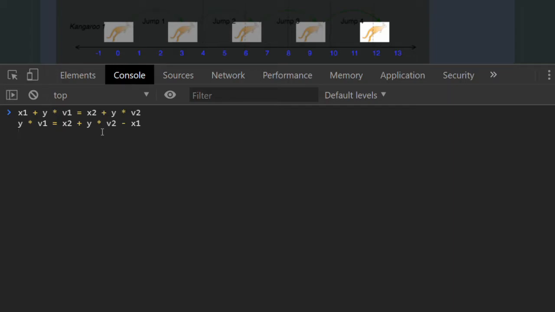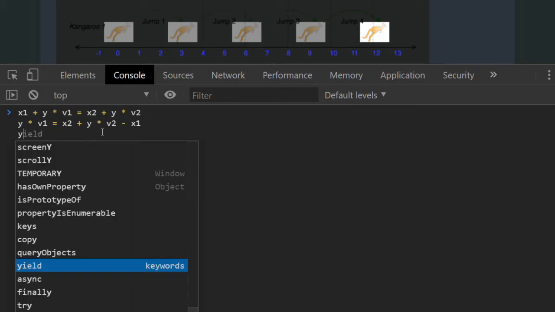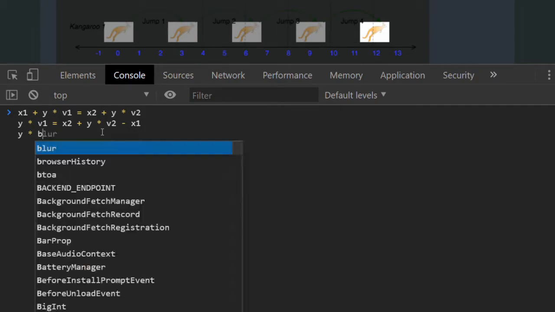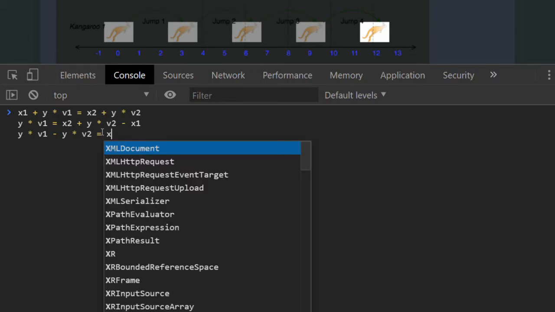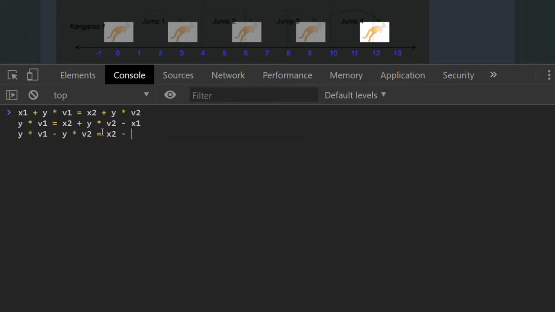And now I will move the y times v2 to the left. So y times v1 minus y times v2 equals x2 minus x1. So until now it's very easy. Now I'm not sure what to call it in English, but I will do this move where you get the common thing between them.